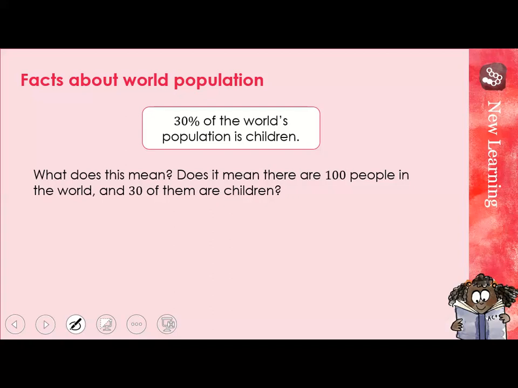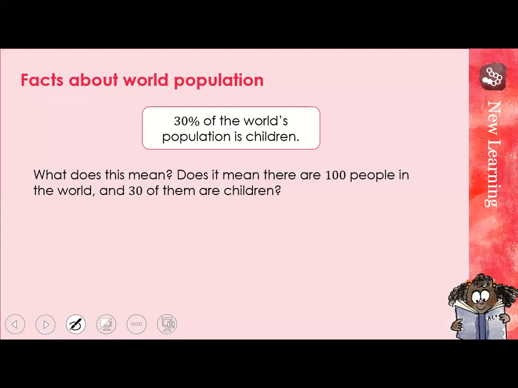Does that mean that there are 100 people in the world and that 30 of them are children? Is that what that means? Well, no, it doesn't. Because there are way more than 100 people in the world, aren't there? There are 420 people just at St. Stephen's School alone. So there are many billions, about 8 billion people in the world.